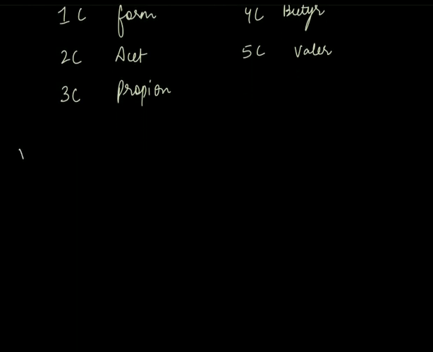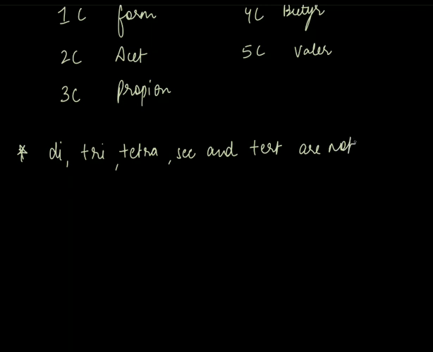One last point I want to end this video with. Di, tri, tetra, sec, that is secondary, and tert are not considered in alphabetical order, whether you talk about the IUPAC name or the common name.